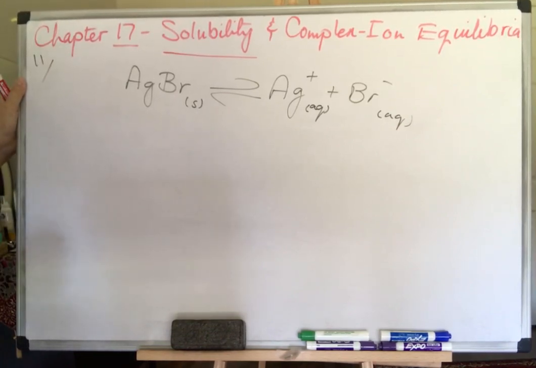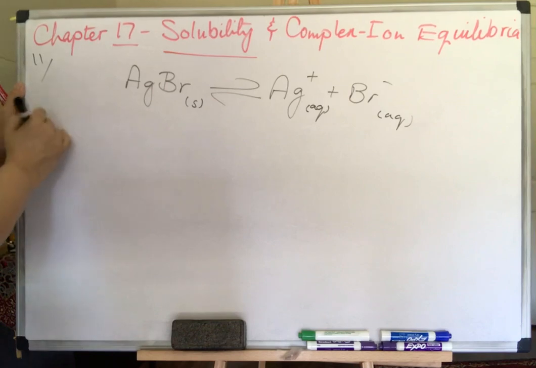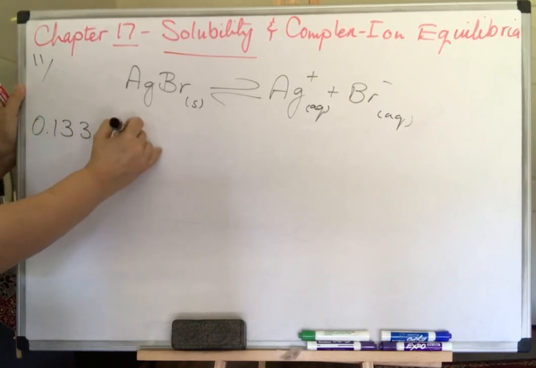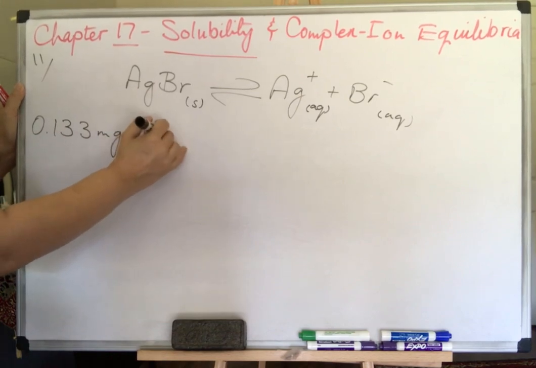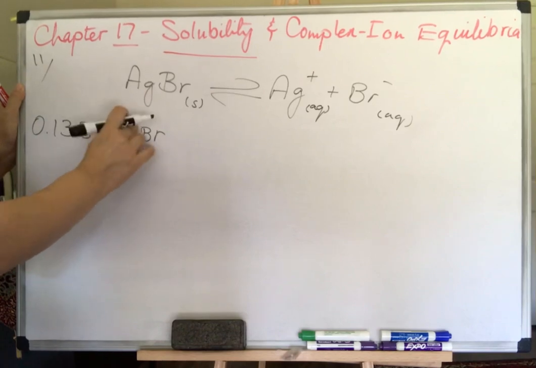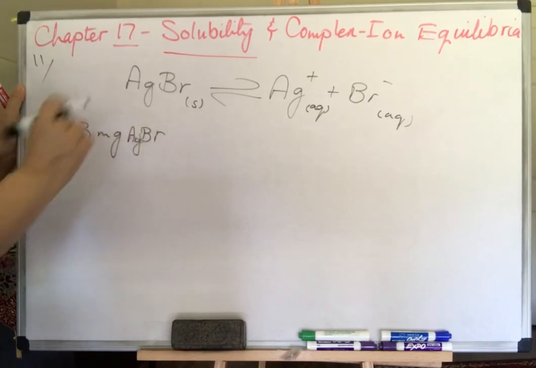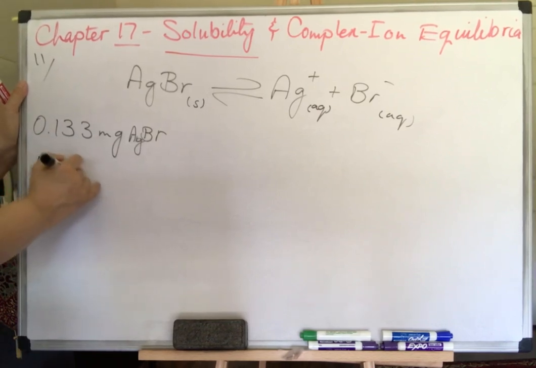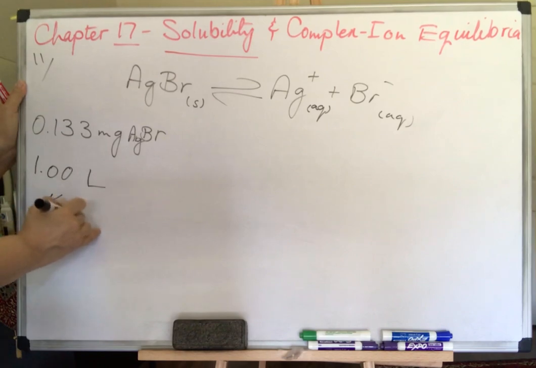So it says exactly 0.133 milligram of AgBr, for some reason I missed the g in Ag today, will dissolve in 1 liter of water. What is the value of Ksp?